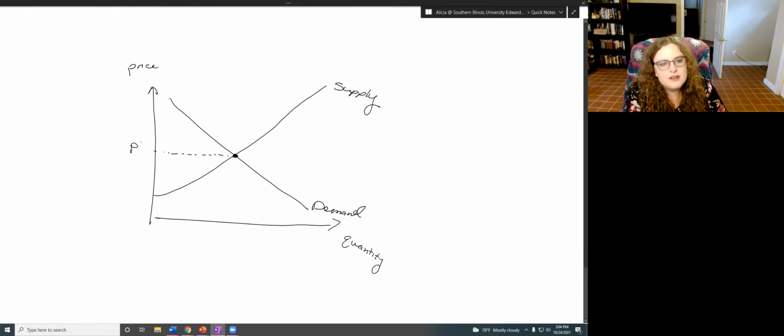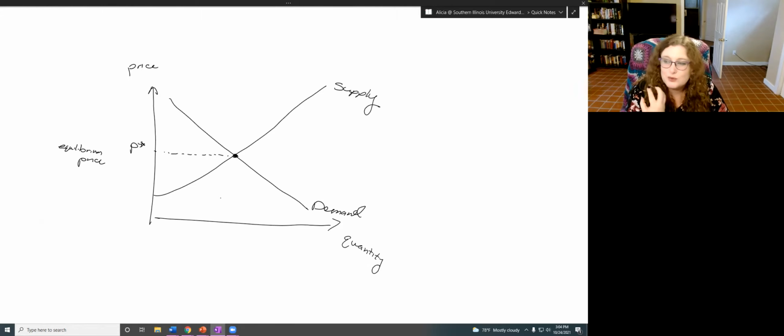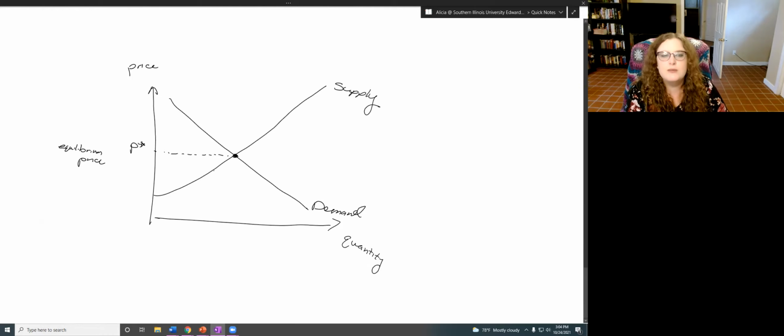I'm just going to say P star, this is our equilibrium price. This is if we had exactly the amount of people wanting to sell for the amount and volume that they want to sell equal to the amount that people are demanding and they want to purchase. This is where the market would clear. Everything gets sold, everything gets bought.